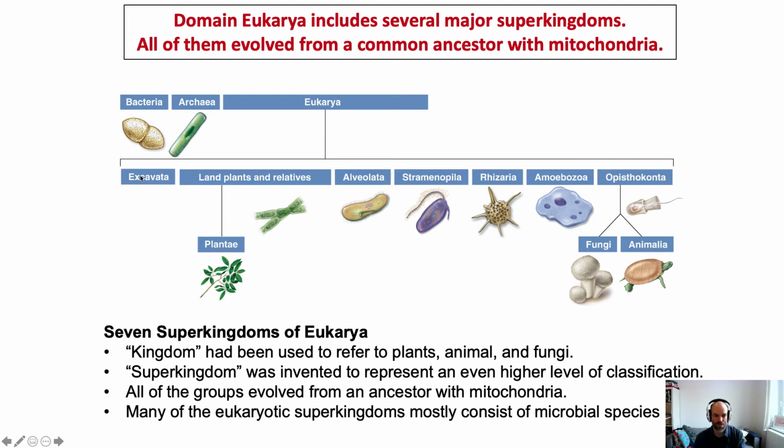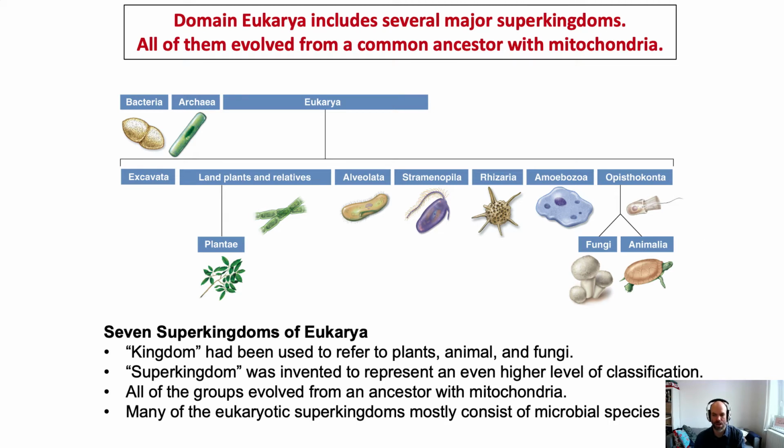This discovery, that domain Eukarya can be subdivided into several large superkingdoms, is a pretty recent discovery that is not entirely due to genome and DNA sequencing, but has received a lot of recent support from DNA sequencing.